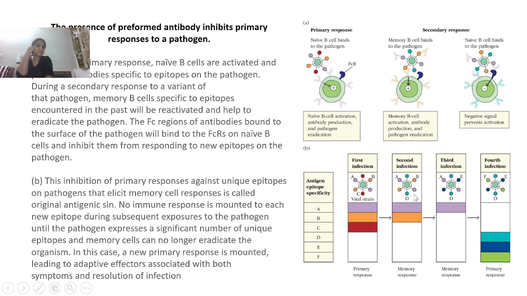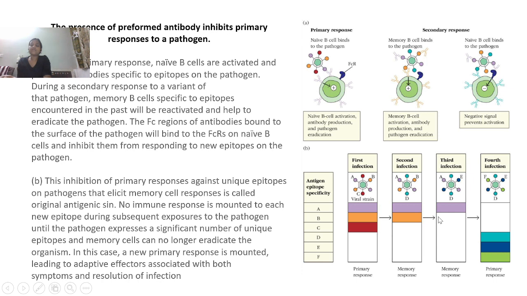Maybe C has changed to another epitope D. So here there is still a memory response because two antigens it can easily recognize from memory. These are the old antigens which are present, so memory response is already there against A and B antigens.